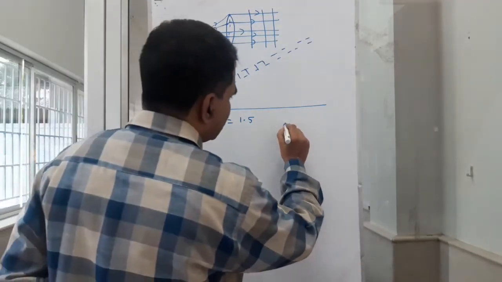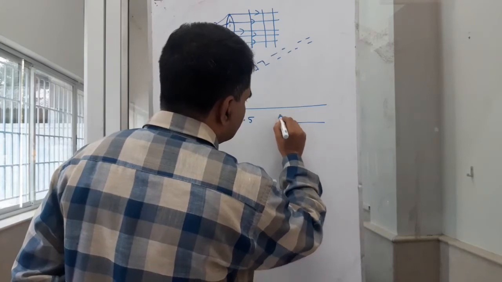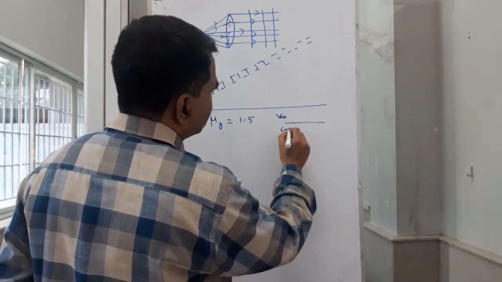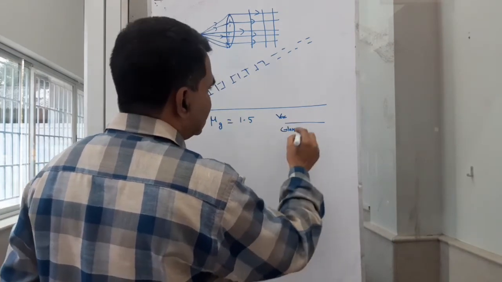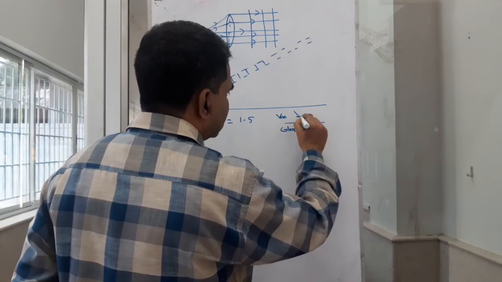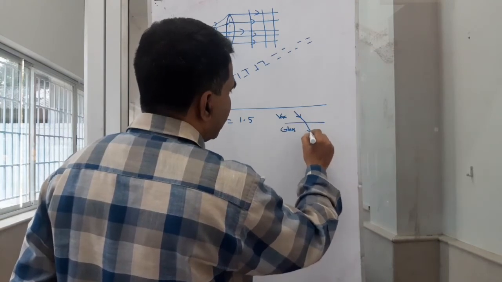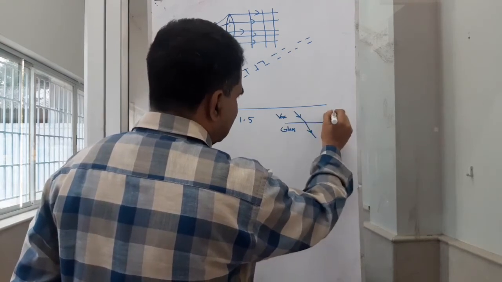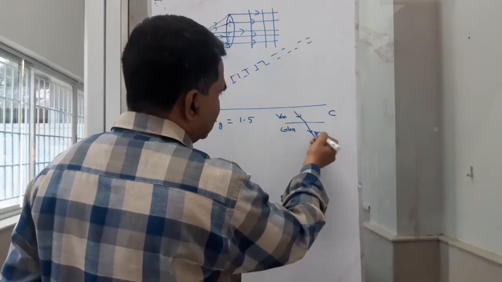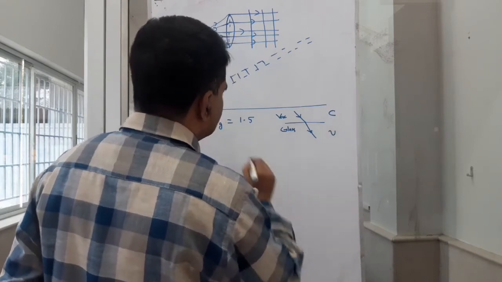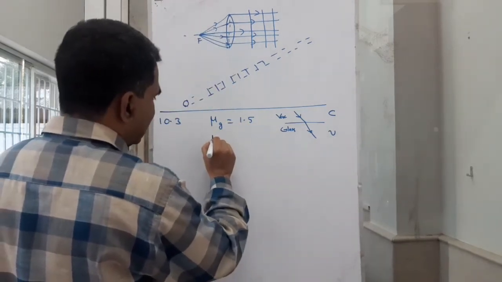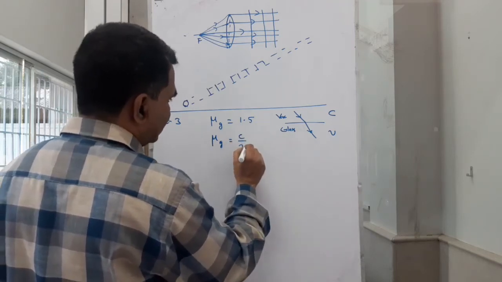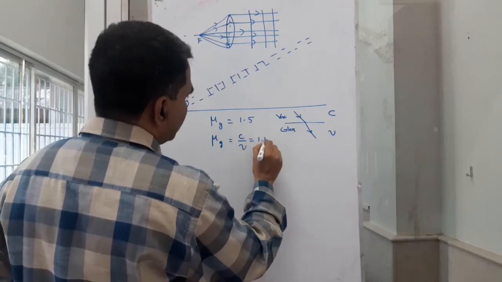We know that if this is a glass surface and if this is vacuum or air, then light will travel with some speed here, and they'll call it C, and then this would be V. So the refractive index of glass is actually C by V, and that is equal to 1.5.